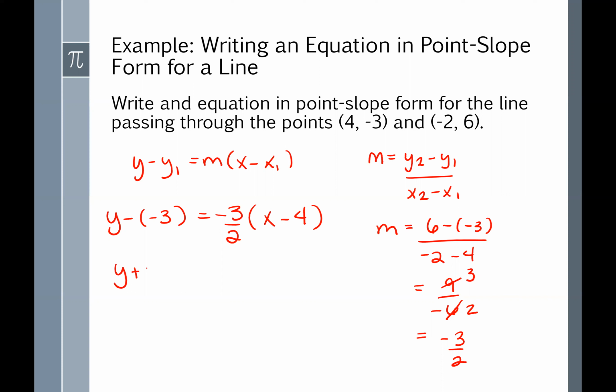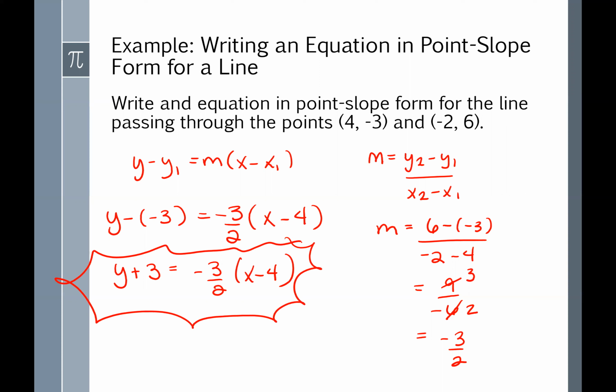So I have y plus 3 is equal to -3/2 times x minus 4. And I'm done. That is the answer in point slope form. Right? Because it goes through the point 4, -3, and the slope is -3/2.